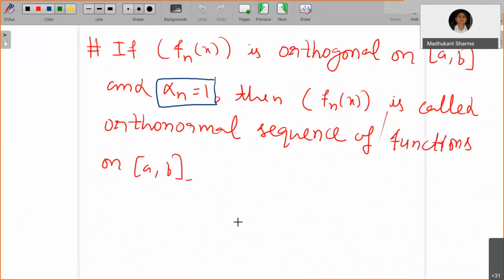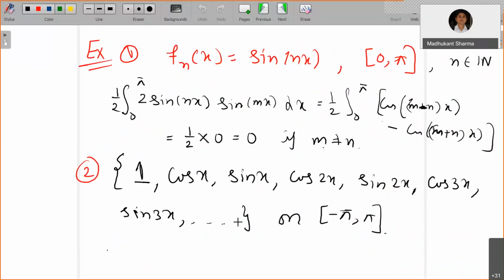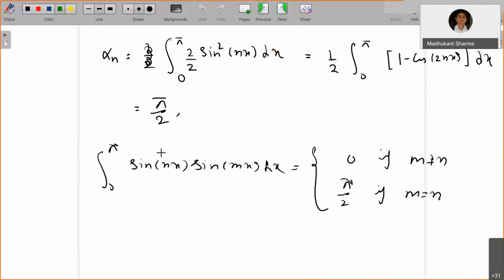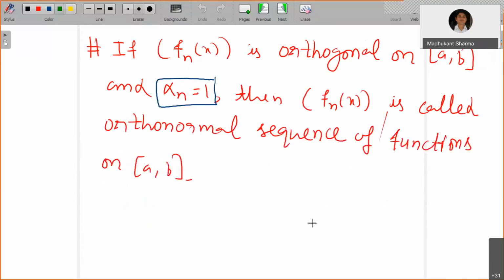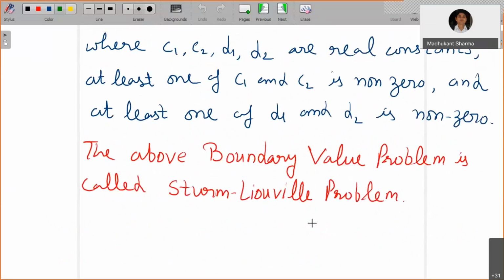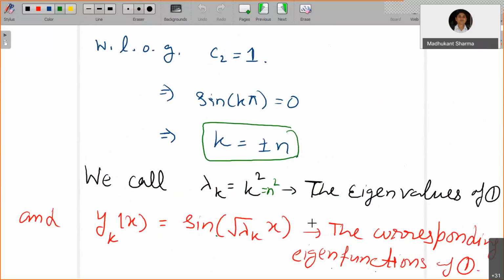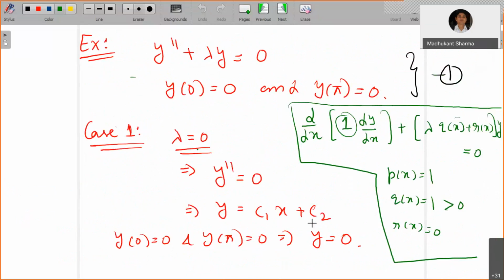Here q(x) is 1 in this case, so with respect to this weight function it is orthogonal.